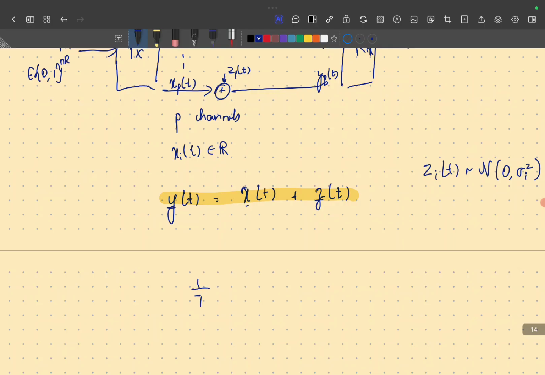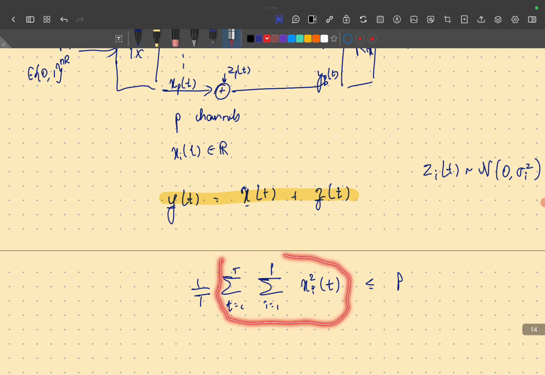Suppose that I use the channel for T time instants, then 1 by T summation t equal to 1 to capital T, and summed over all of the sub channels i equal to 1 to P, x_i squared of t, this should be less than or equal to P. So in some sense, this is the total amount of energy that is being used by the transmitter across the P subchannels and across the T time slots.